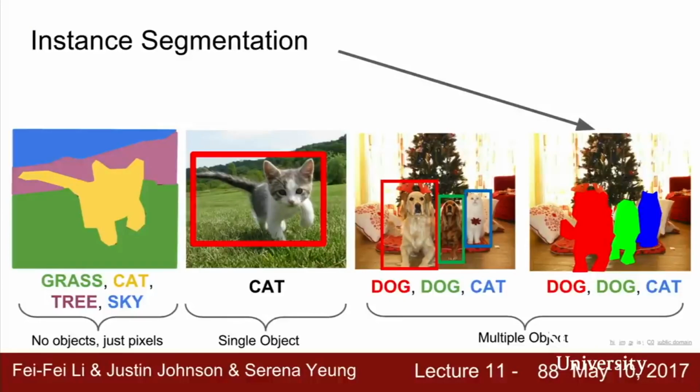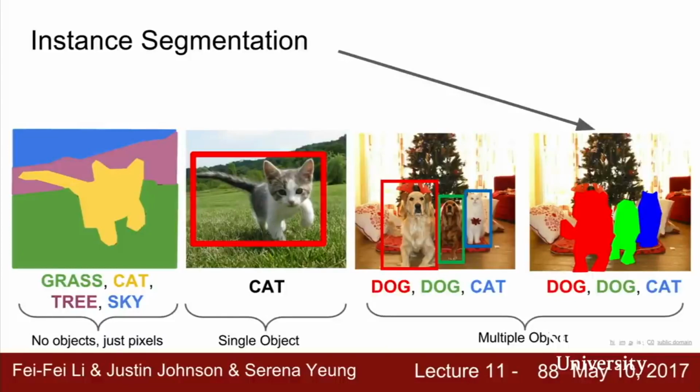So the last task that I want to talk about is this idea of instance segmentation. So here, instance segmentation is in some ways like the full problem. We're given an input image, and we want to predict the locations and identities of objects in that image, similar to object detection. But rather than just predicting a bounding box for each of those objects, instead we want to predict a whole segmentation mask for each of those objects and predict which pixels in the input image correspond to each object instance.